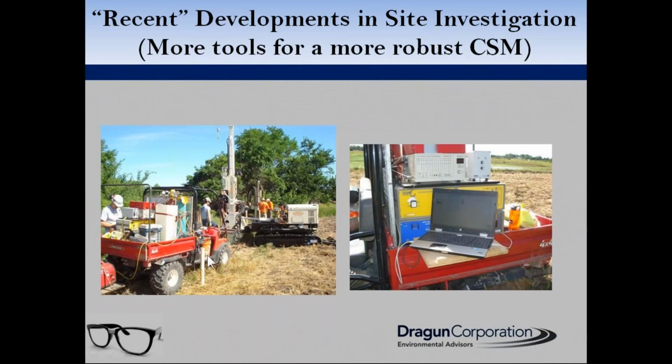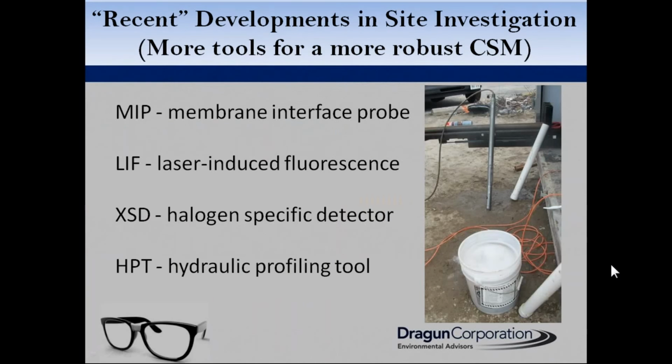Here's another setup. Again, we're back out in Kansas with the GeoProbe's rig, our rig in the background. And here we're doing it at a site where we have a monitoring well nest, so we're using this to calibrate, in quotation marks, our MIP and HPT investigation. So the MIP is one of the tools you can use. LIF, or laser-induced fluorescence, will allow you to find free product like gasoline or free product TCE in the subsurface.